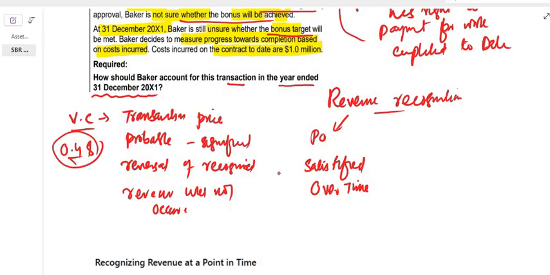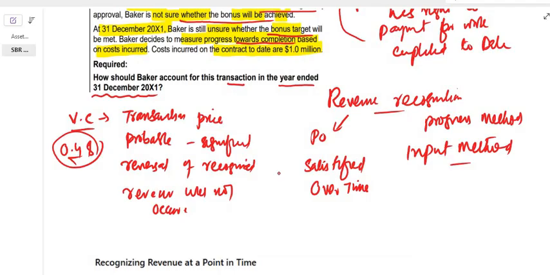The method they are using is the progress method toward the completion date. So this means they are using the input method. Clear?